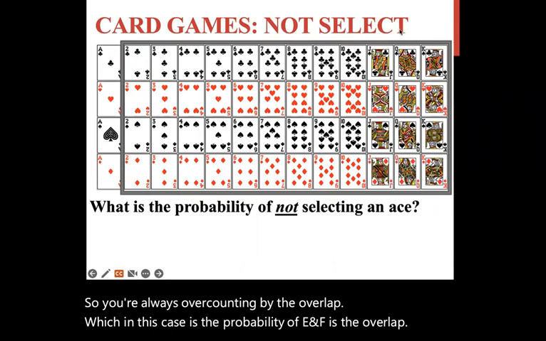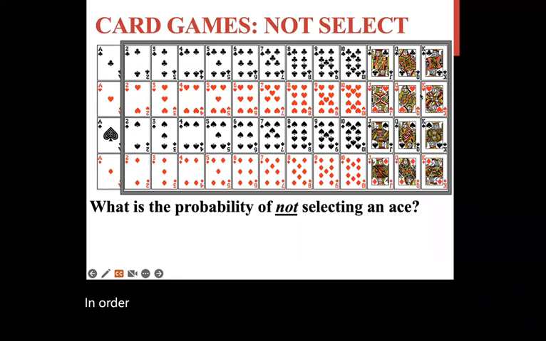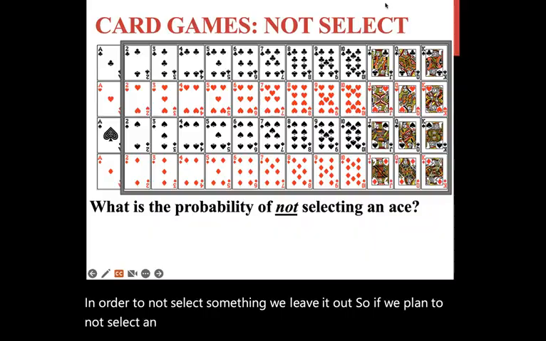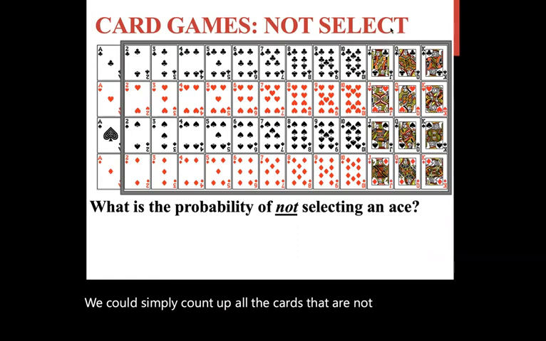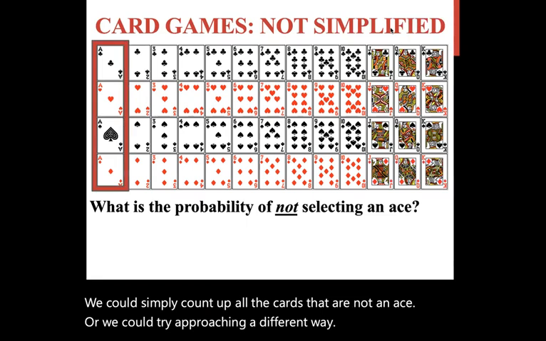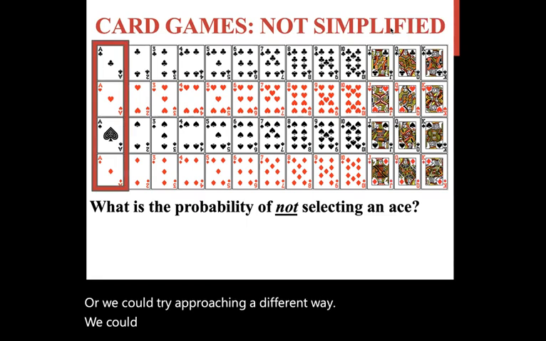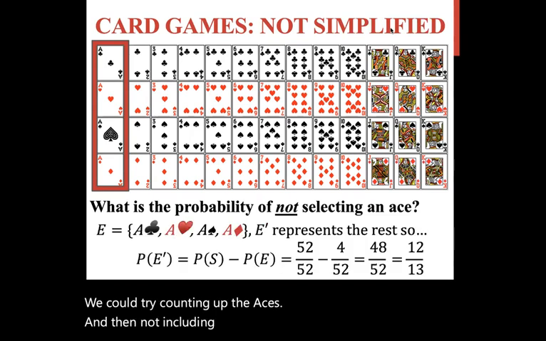Now, suppose we want to not select something. In order to not select something, we leave it out. So if we plan to not select an ace, what would that look like? We could simply count up all the cards that are not an ace, or we could try approaching it a different way. We could try counting up the aces and then not including them.